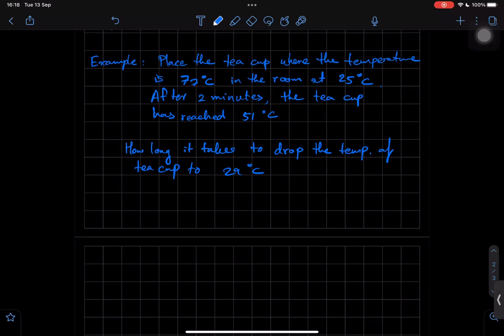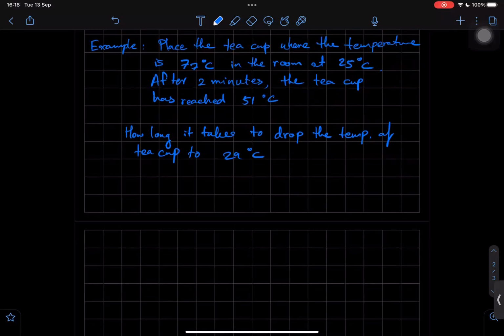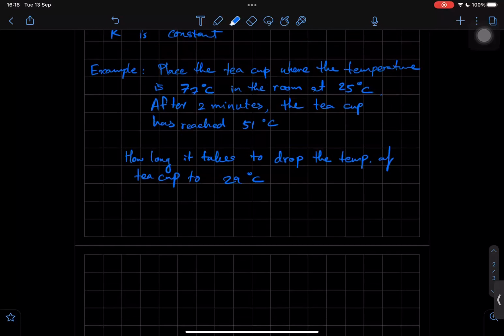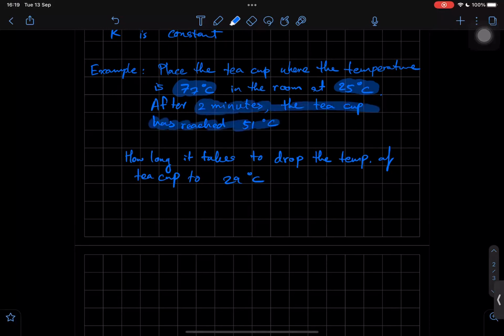Okay, so teacup at time 0, right, is 77 degrees Celsius, and the room temperature is 25. Okay, and another thing is that after 2 minutes the teacup reached 51 degrees Celsius.